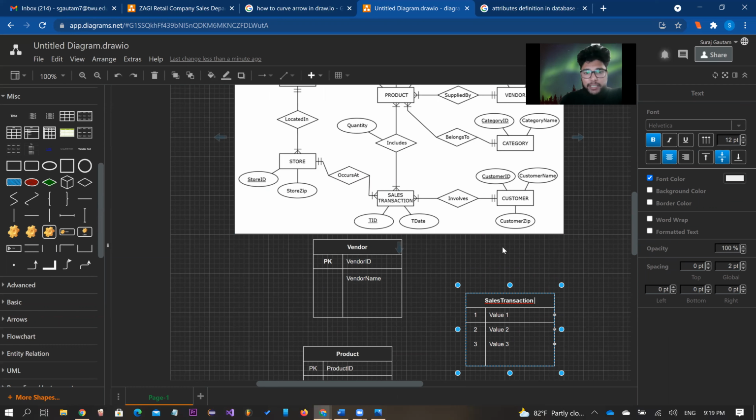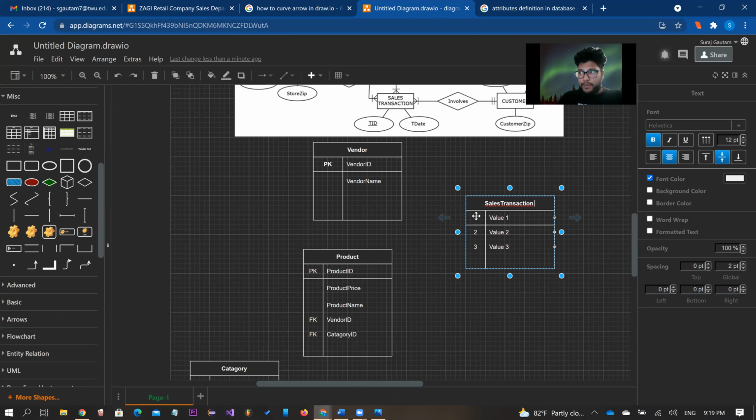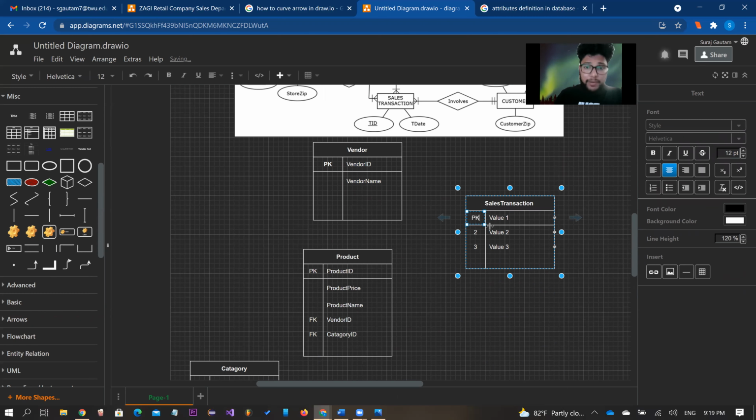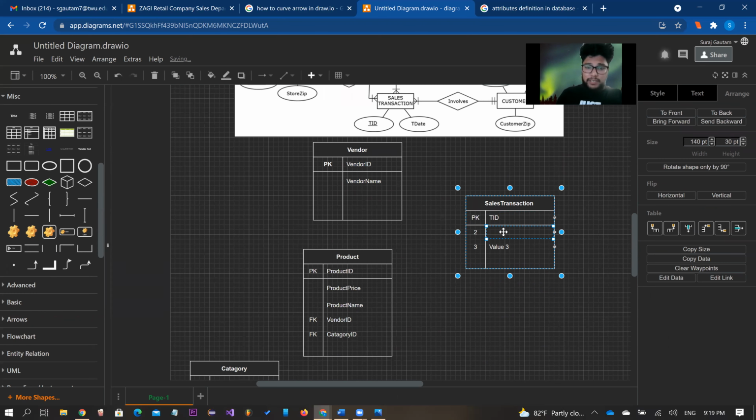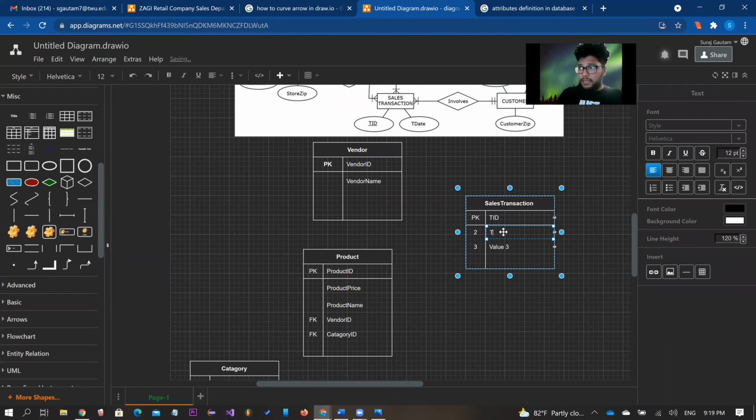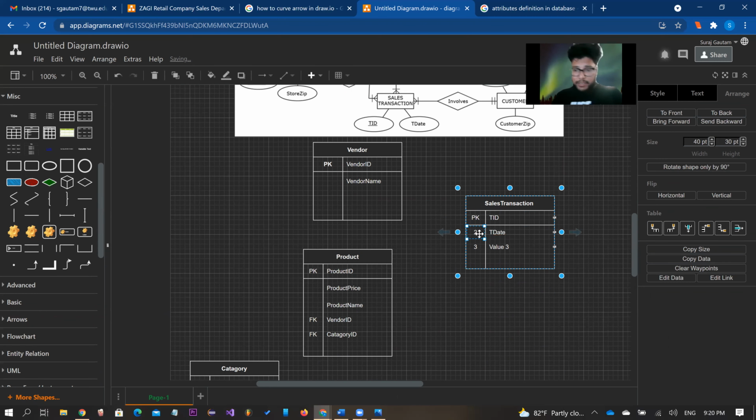So these two attributes help figure out what kind of transaction it was and when it was done. For the first primary key, we have transactional ID, TID, and the second one is T date.